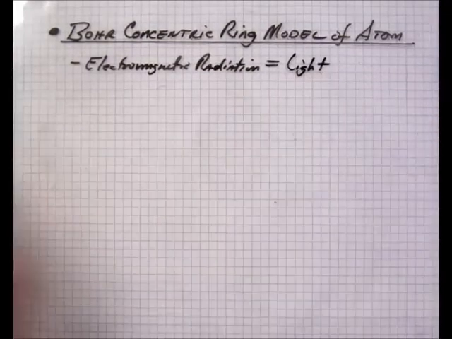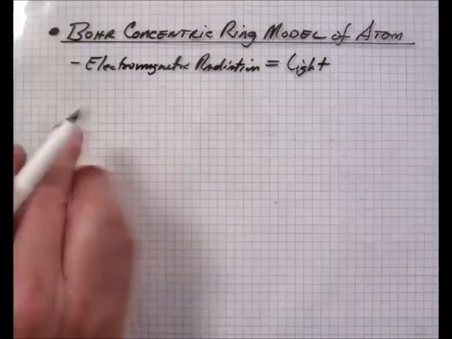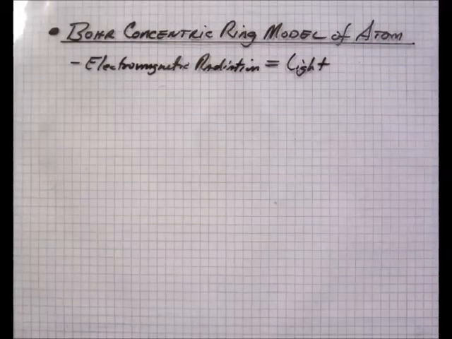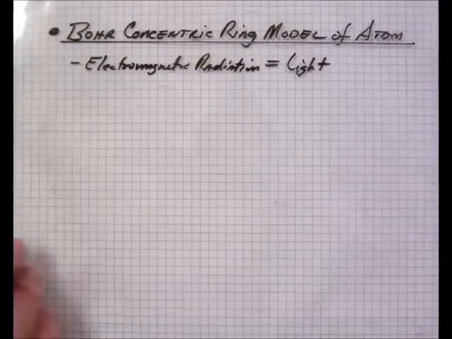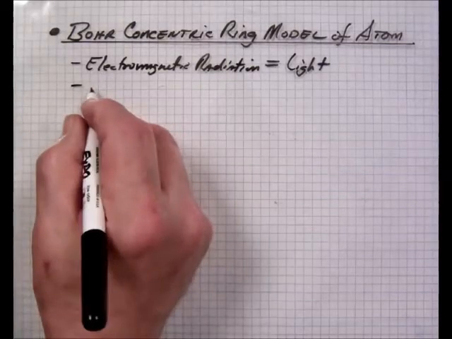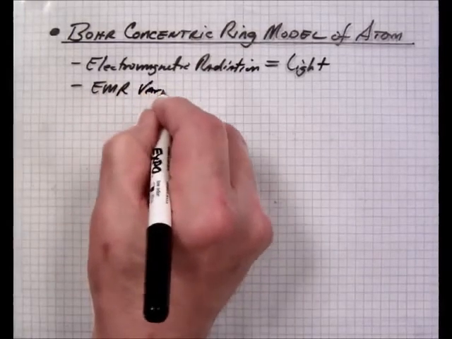Light is electromagnetic radiation. And so when we study the Bohr model, it's going to be studied in terms of light emissions that come from the atom. And conclusions are drawn from that. We'll show you in a minute, which we call EMR, electromagnetic radiation variables.